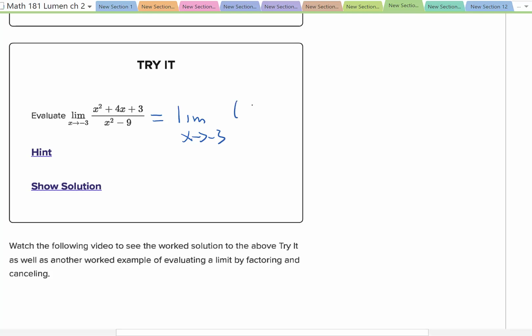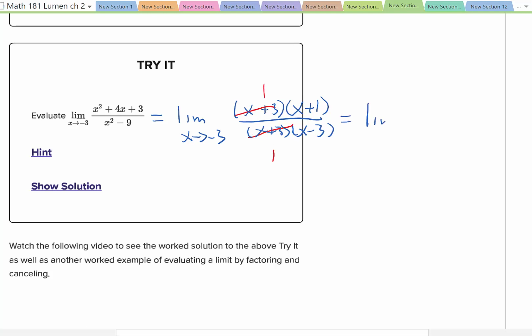But the numerator would factor to be x plus 3 times x plus 1. And the denominator would factor to be x plus 3 times x minus 3. And then we can divide out these x plus 3's. And what are we left with?